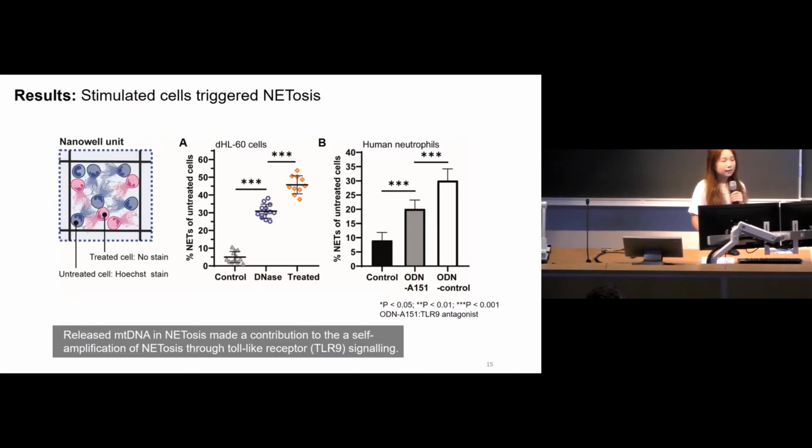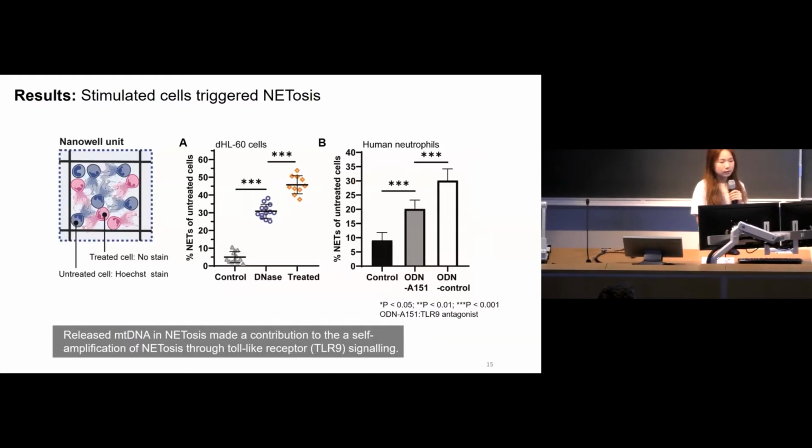And we also found that there is a great similarity between mitochondrial DNA and bacterial DNA. And both of them could trigger NETosis directly through the toll-like receptor 9 signaling pathways. So here we used a TLR9 antagonist, ODN A151. And after treating with this TLR9 antagonist, it showed reduced level of NETs in untreated cells.